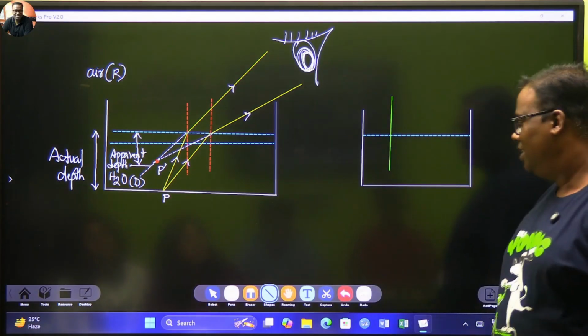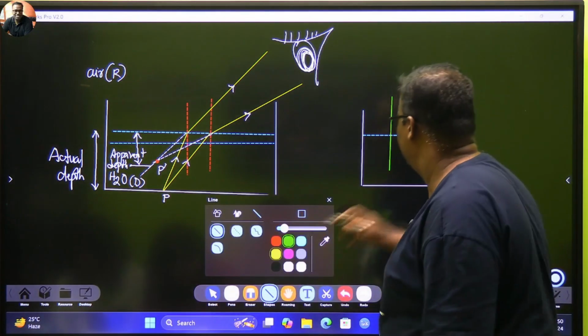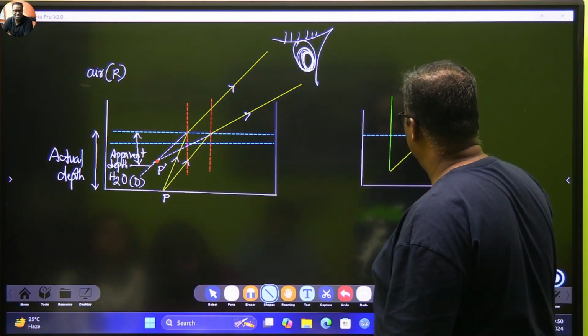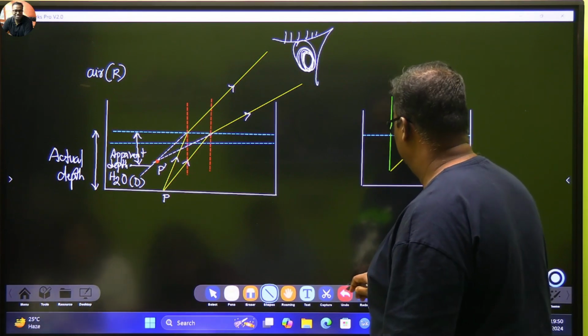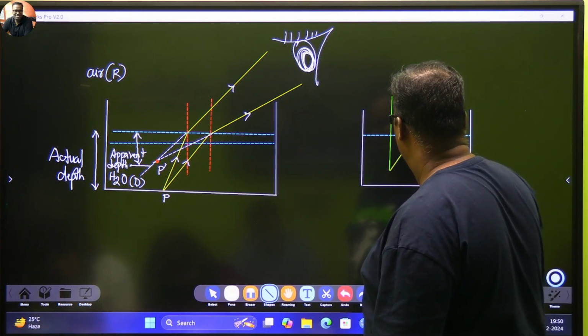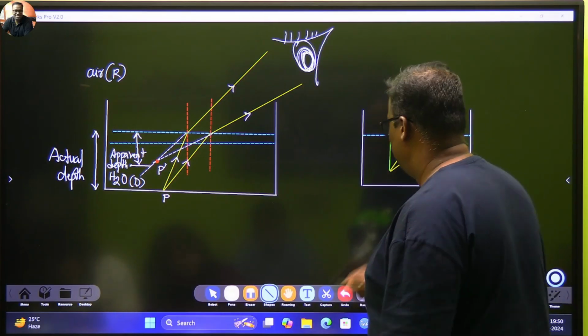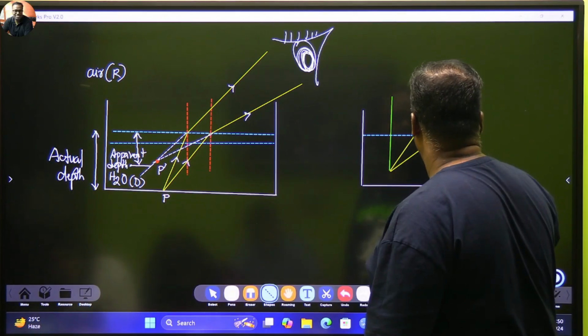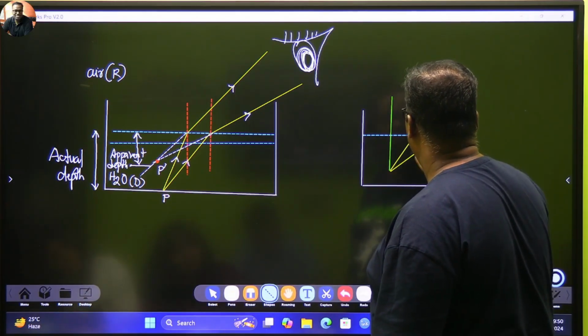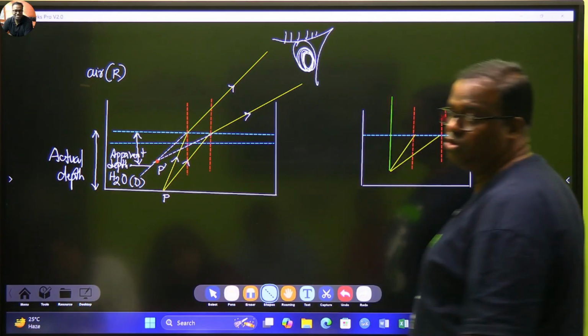Okay. Now let's take two light rays from the tip of the pencil. Light ray number 1 and light ray number 2. Two light rays go and meet at 2 points. So we should have two normals. One normal out here and one normal out here. So you're going out from where?